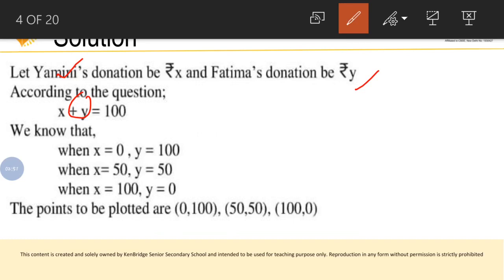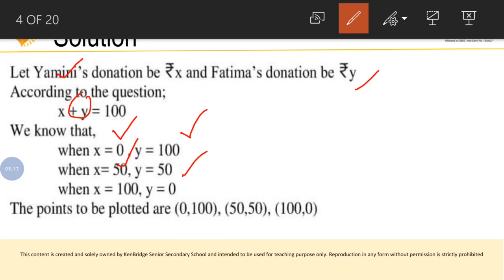So what are the possibilities? These are the possibilities of this given equation, X plus Y is equal to 100. Together they contributed 100 rupees, right? One member may not give anything and only one member can give 100 rupees. That also is a possibility. Or both give half of the amount, that is 50 and 50.